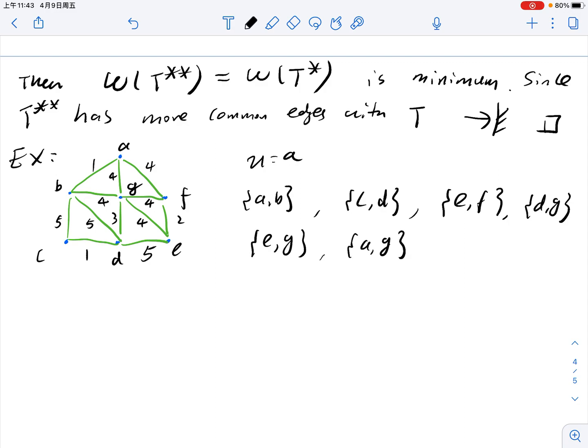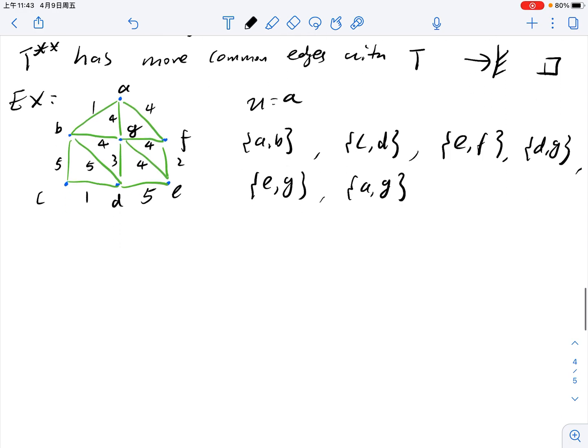For DG, EG, AG, we can arrange them in different orders, and therefore you might have several ways to grow a minimum weight spanning tree. Anyhow, the total weight is 1 plus 1 plus 2 plus 3 plus 4 plus 4 equals 15.